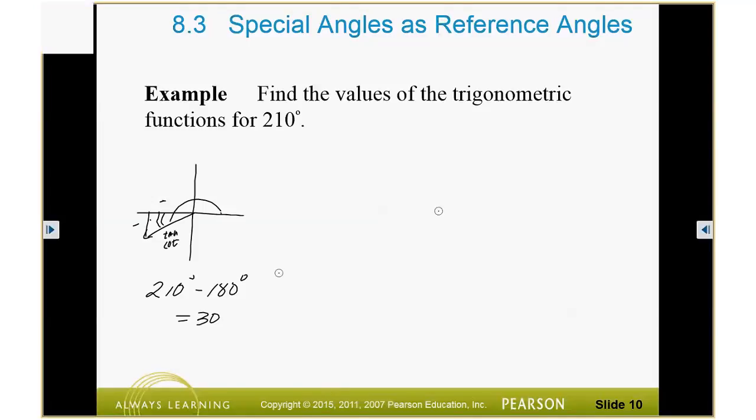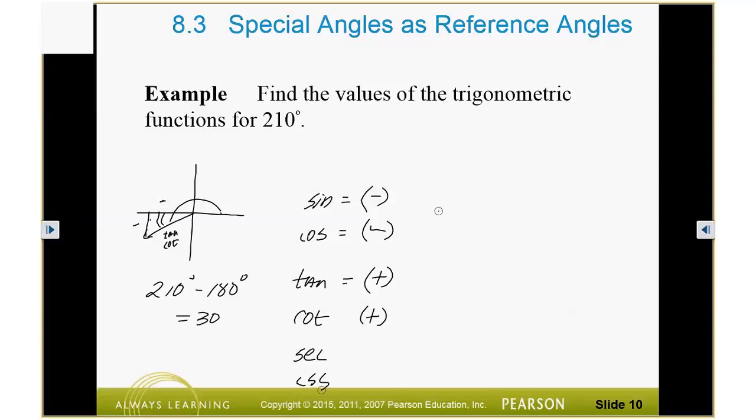No. So we know that sine is going to be negative, cosine is going to be negative, tangent is going to be positive, and of course cotangent is going to be positive, and the secant and the cosecant are both going to be negative. Now I don't know if they want negative x over negative y. I don't know what they want, but I just want you to be able to locate your angle.